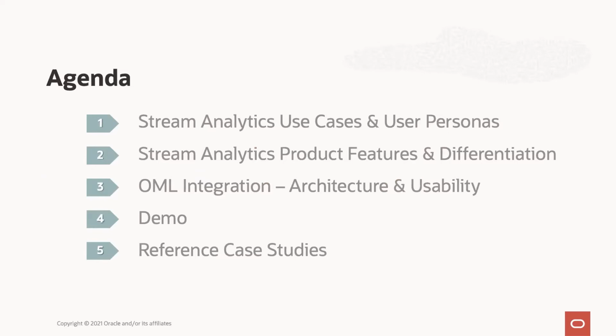As a third part, we'll go through the OML integration. That's a new feature that we introduced, which includes architecture and usability areas. As the fourth part, I'll show you a quick demo of how the integration happens between Stream Analytics and OML. Lastly, I'll also take you through a couple of recent customer case studies in the stream data processing use cases.